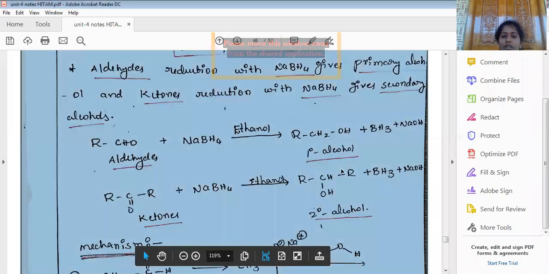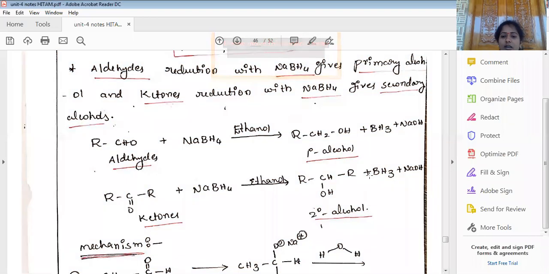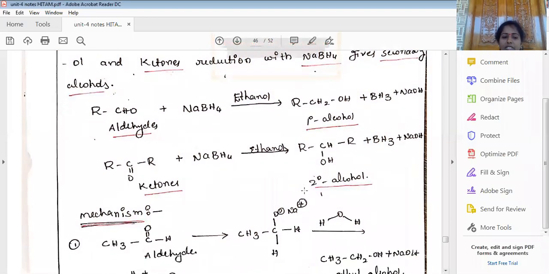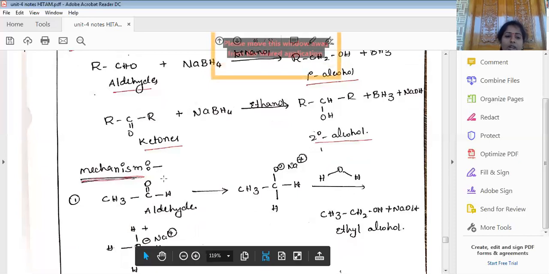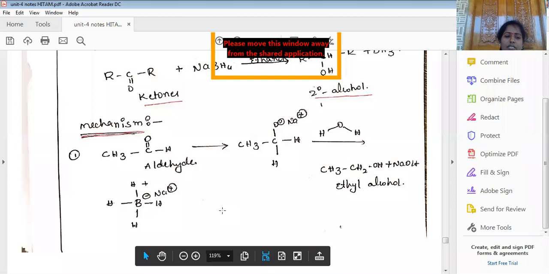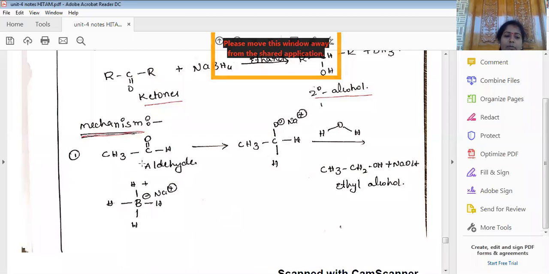Now let us see the mechanism for this sodium borohydride reduction. When we take an aldehyde, it has a carbonyl center, the C double bond O functional group. This functional group reacts with sodium borohydride. In this sodium borohydride, hydrogen from the boron attaches to the carbon atom.